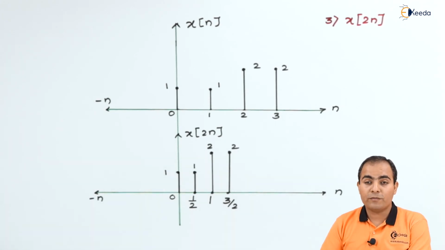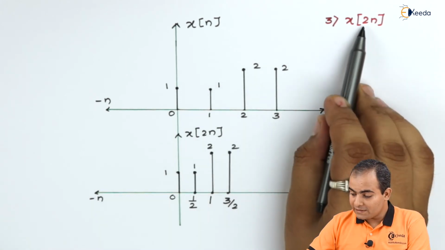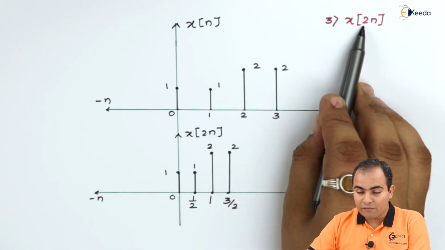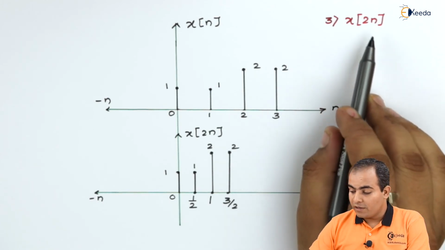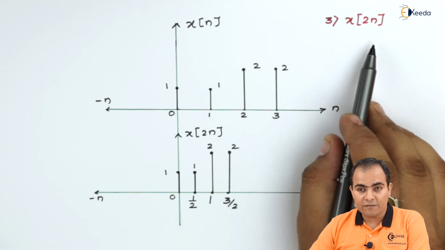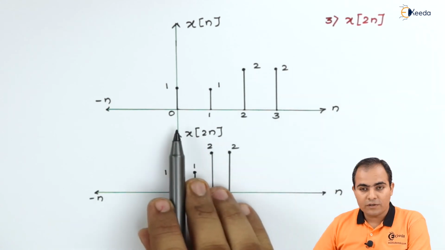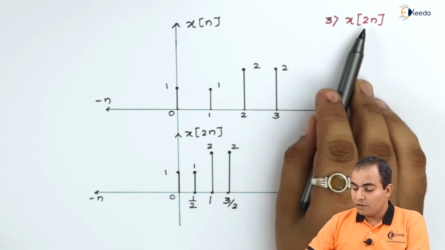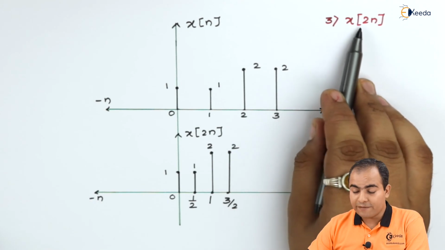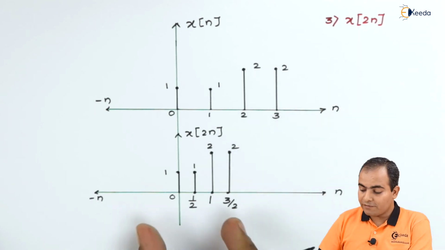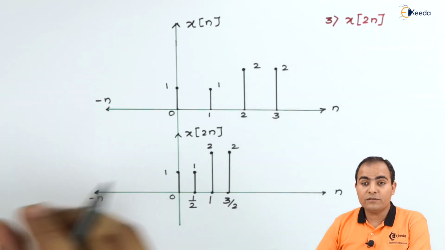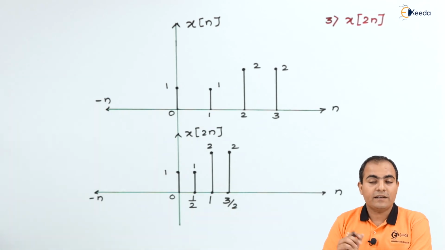And how to perform compression and expansion? Just divide by this value, that is the alpha value, if it is multiplied, and if n is divided by alpha, then you just have to multiply it. Now look at here, as we discussed, if the alpha value is greater than 1, then the graph will get compressed, and if the alpha value is less than 1, then the graph will get expanded.